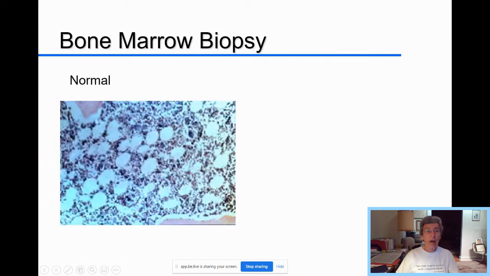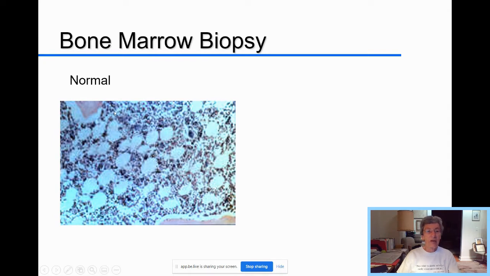The bone marrow biopsy, this is normal. I was taught that the blank spaces, which are fat that has been eluted away during the staining process, would reflect about the age of the patient.